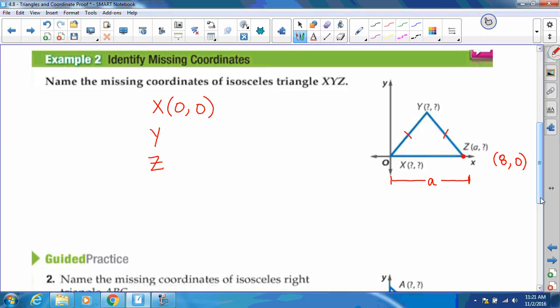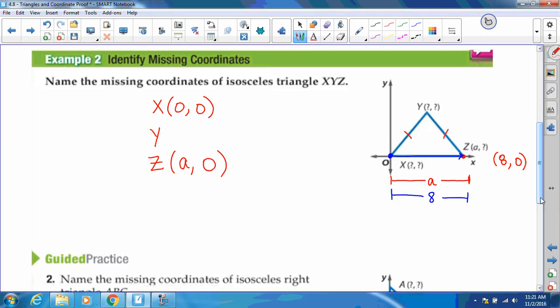If Z was 8, 0, then this distance would be 8. Because if I start at 0 at the origin and I go all the way over, I'm going over however many units that x coordinate is. In this case, it's A. So Z is A, 0. If it's on the x-axis, you're not going up or down, that makes your y coordinate 0.